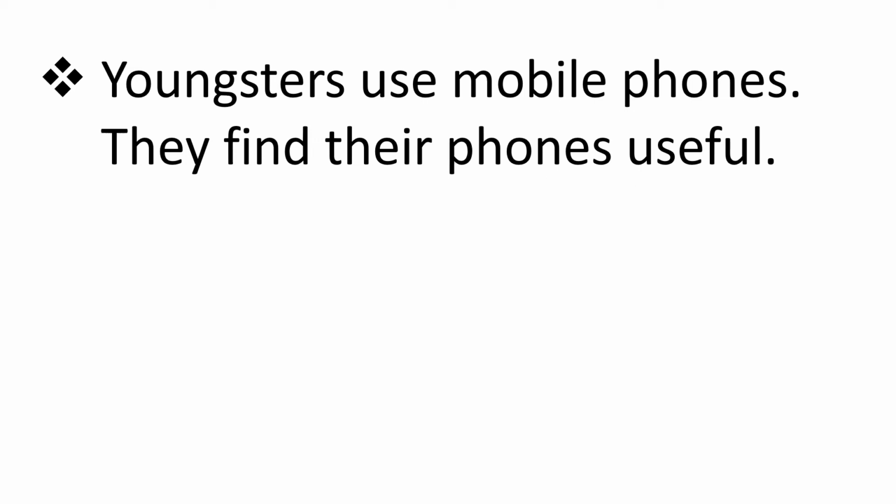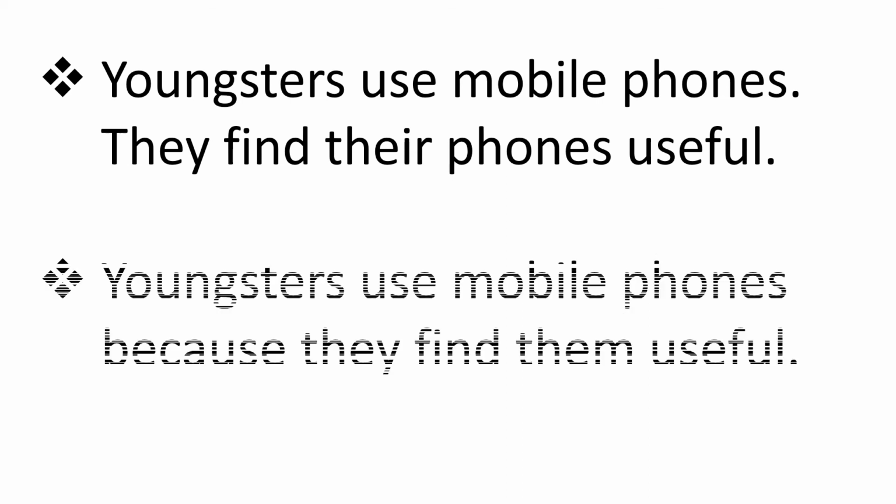But by using a connector, you're going to get one sentence, and that is going to make it a complex sentence because you're going to have now two conjugated verbs. Youngsters use mobile phones because they find them useful.